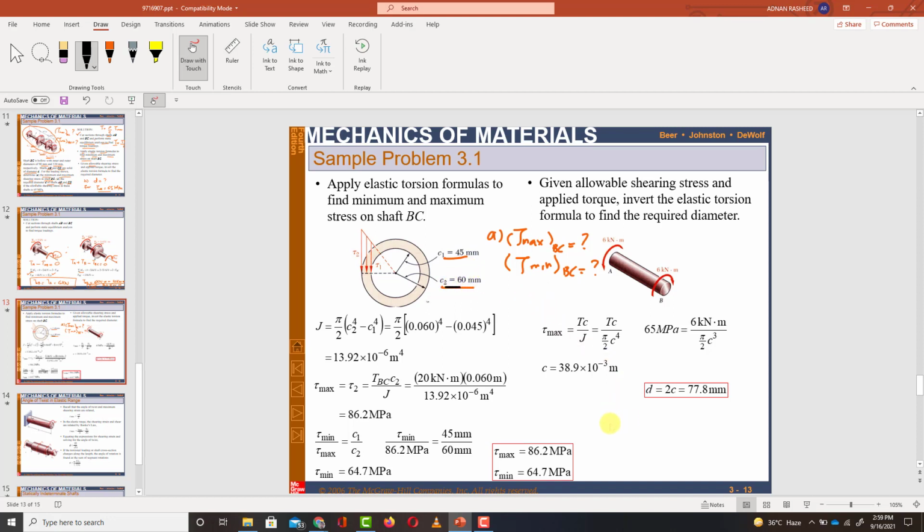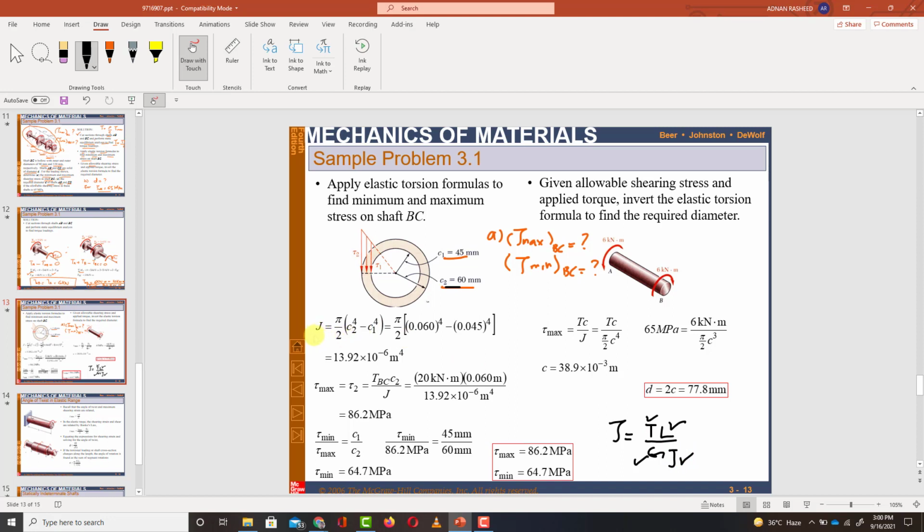Now you know that tau is equal to TL divided by GJ. Clear? That we derived earlier. So if you are interested in the BC shaft, you must have torque in BC, length of BC, modulus of rigidity, and polar moment of inertia.